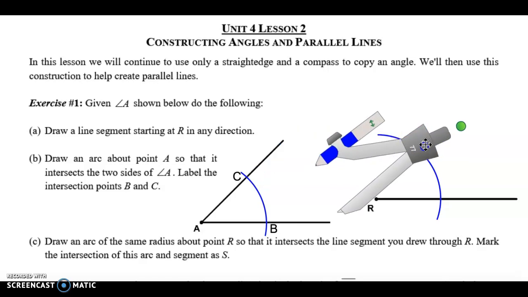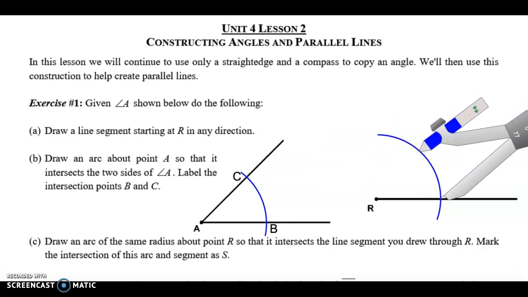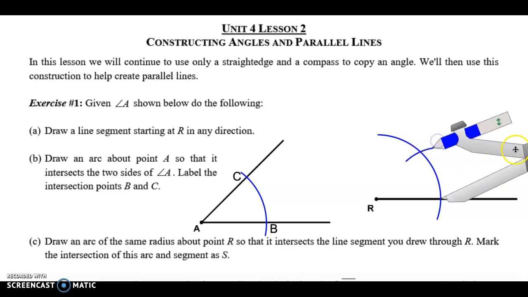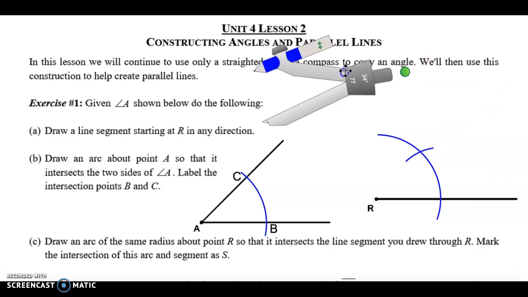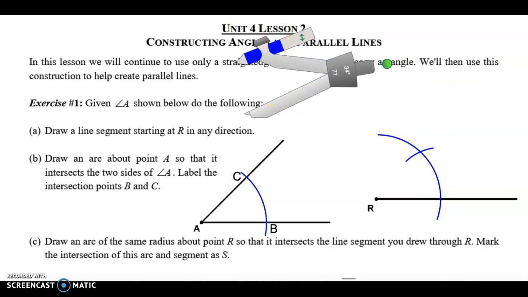Now I'm going to go over here and put my compass where the arc touched the bottom ray, and I'm going to draw my arc. Where that arc touches, that is where I connect that point of intersection to point R over here. Boom. And I use my ruler and I draw another ray.